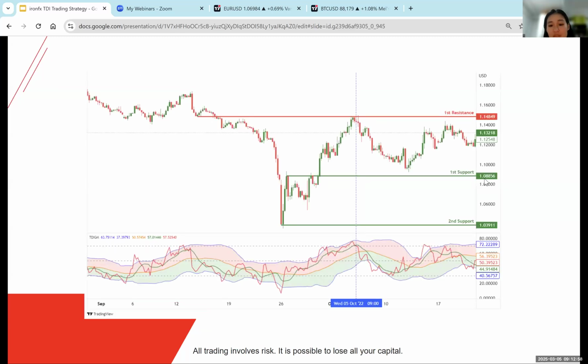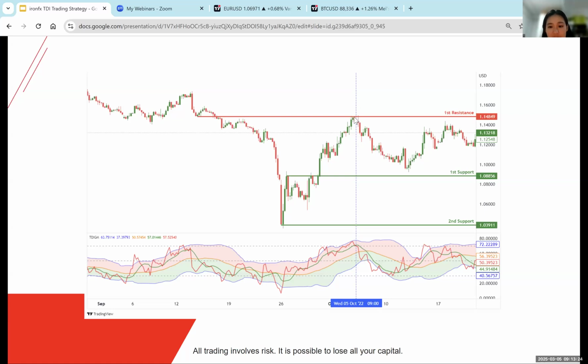Okay, so here's an example. First we have the first support, which is in line with two swing highs here. A second support, which is just placed at this swing low, and a first resistance that's in line with an overlap level. An overlap level is when you have a swing low in line with a swing high.